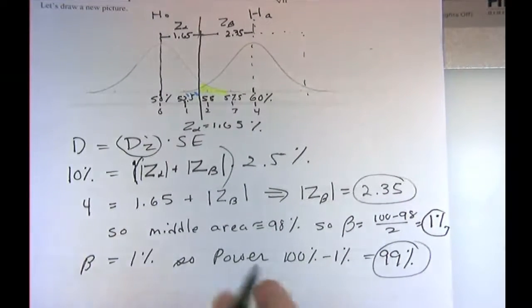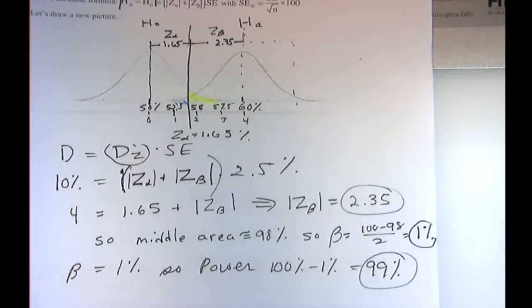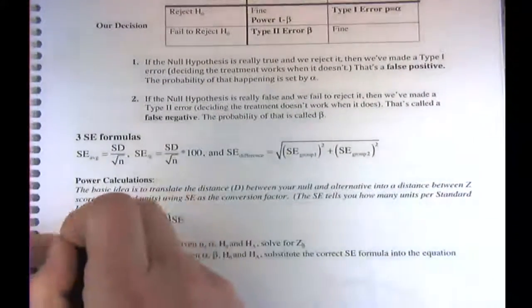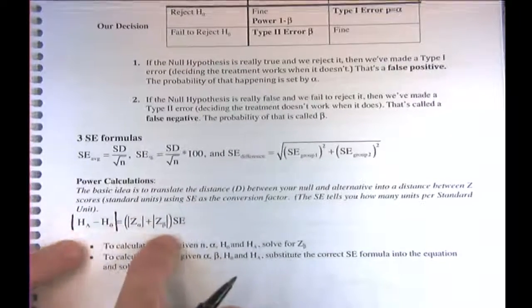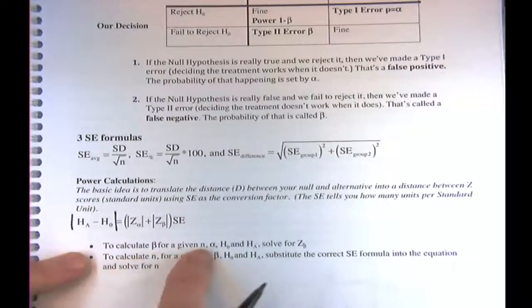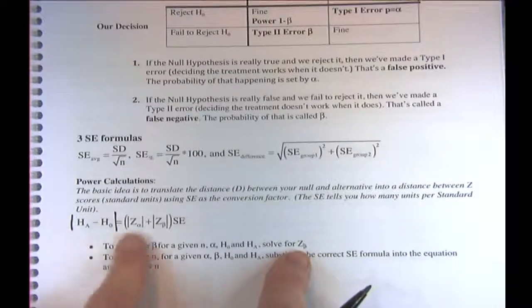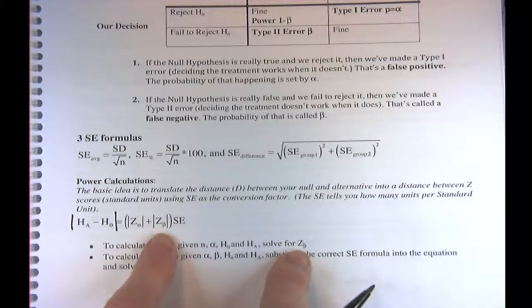So if you want to look at the summary here for where we're going, at the end of the chapter on page 11, let's look at the summary. Power calculations, what we've done, it's the same formula. I keep forgetting to write this as a distance. It's the same formula, but to calculate beta for a given sample size, a set alpha, and a particular alternative, you solve for z beta here, and then look up beta, right?